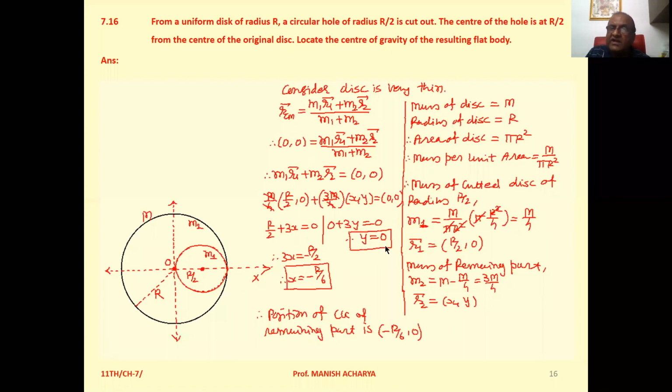So the y coordinate will be 0. Now R by 2 plus 3x equals 0. Therefore 3x equals minus R by 2. Therefore x equals minus R by 6. Therefore the coordinates for the position of the center of gravity of the remaining part are minus R by 6 and 0. Clear?